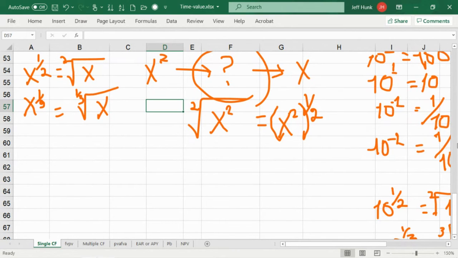Understand? It takes so much time to reteach everything when you don't even have this basic math. When you don't even know what exponent is, when you don't even know this basic algebra, we can't move ahead at all.